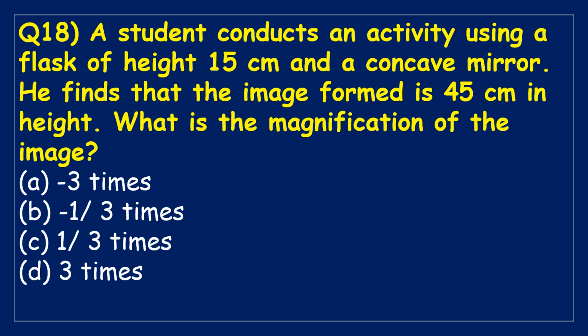Dear children, see the ratio 15 centimeter and 45. That means exactly 3 times bigger, 1:3 ratio. So what is the magnification? We know the formula, magnification m equals height of image by height of object. That means height of image 45 upon height of object 15. That gives you 45 by 15.